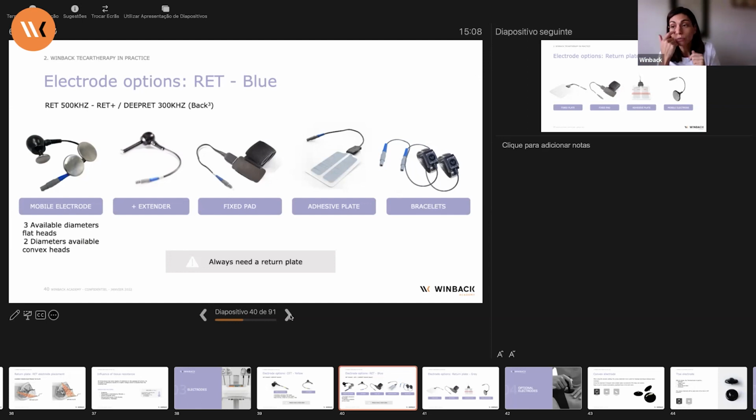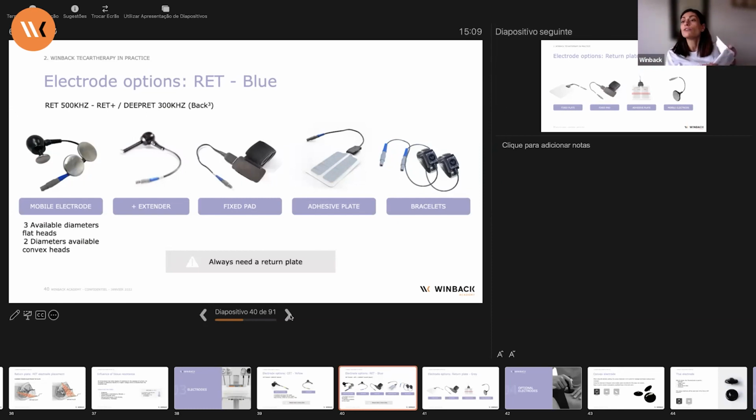So in RET, you can work with mobile electrode, with the extender and the condom, or with the fixed pad. And what is a fixed pad? The fixed pad is a fixed electrode that you place on the patient, and like that you ensure that the current passes all the way from the fixed pad to the return plate.